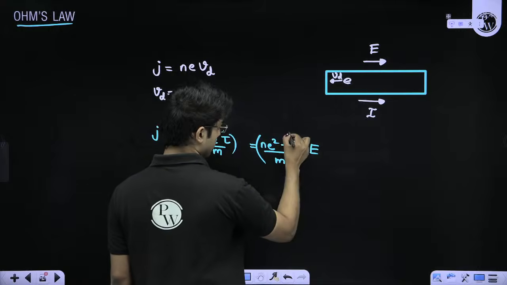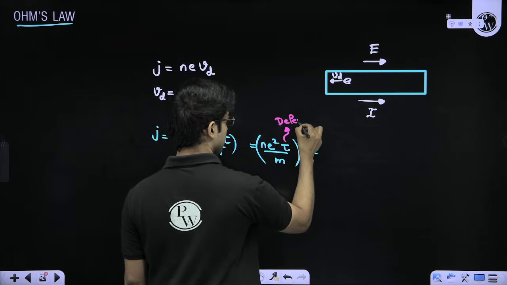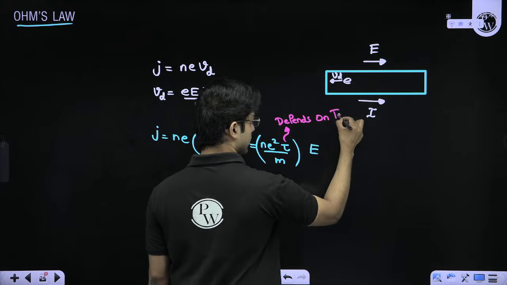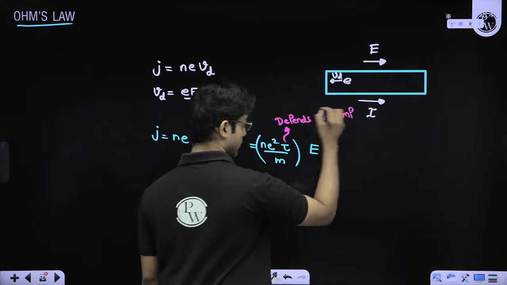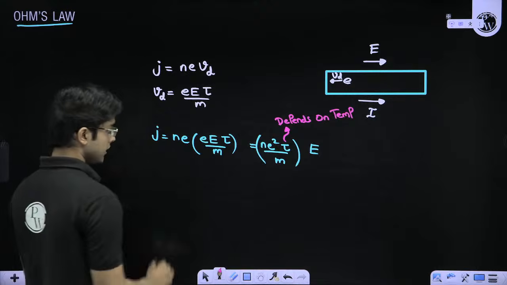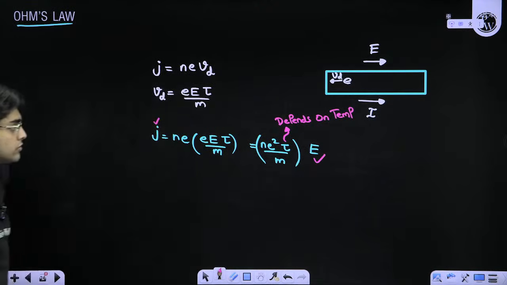Tau depends on temperature, by the way. So we'll discuss about this. But if I keep the temperature fixed, the material fixed, we can say J is proportional to E. So this is known as microscopic Ohm's law.